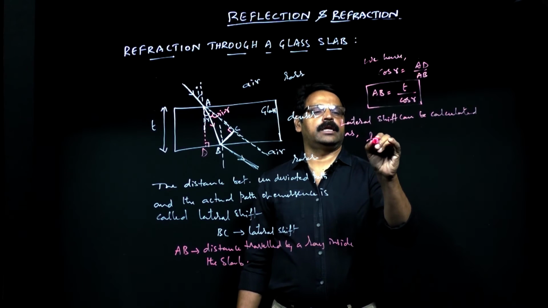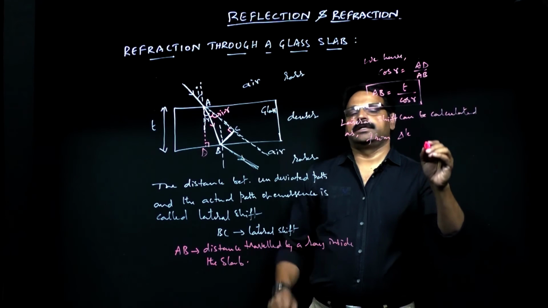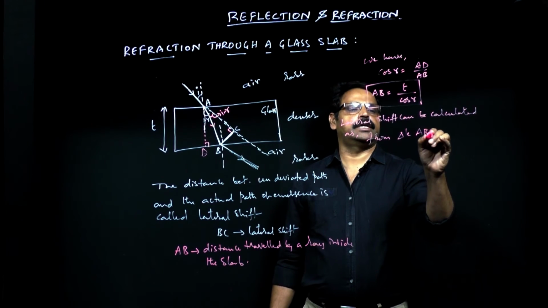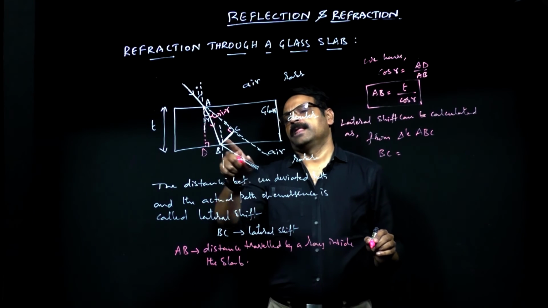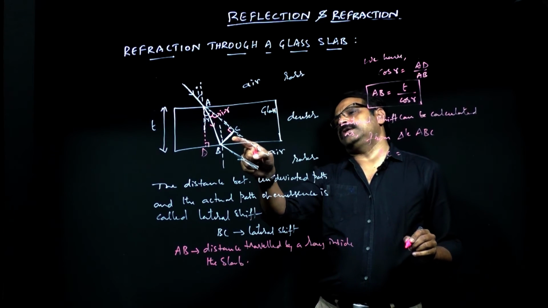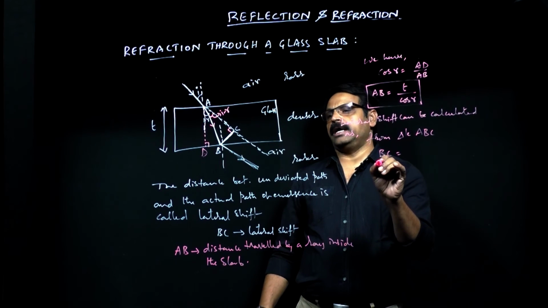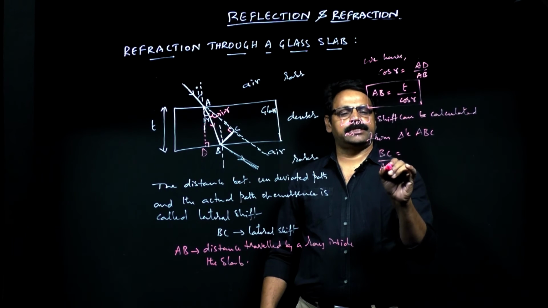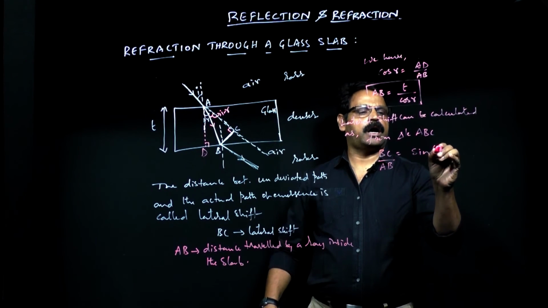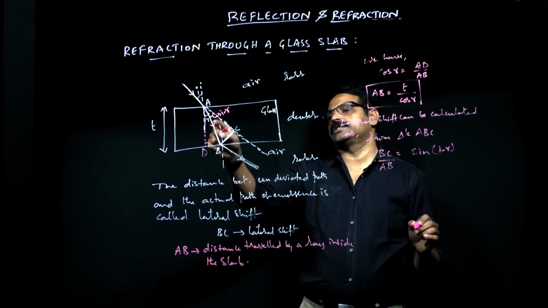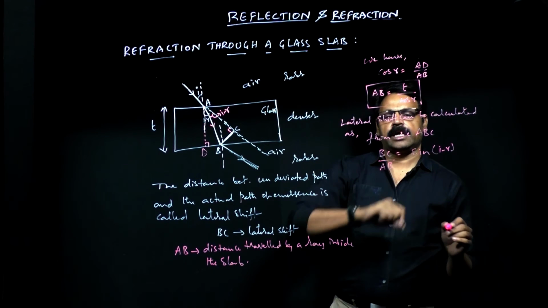So from triangle ABC, you can write sine theta equals BC by AB. BC by AB is equal to sine of I minus R. Sine theta here is I minus R. So this is the opposite side by hypotenuse, giving rise to sine of I minus R.